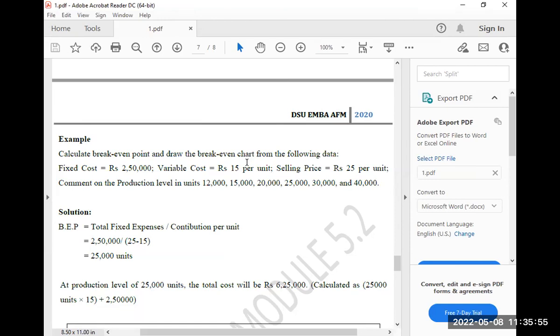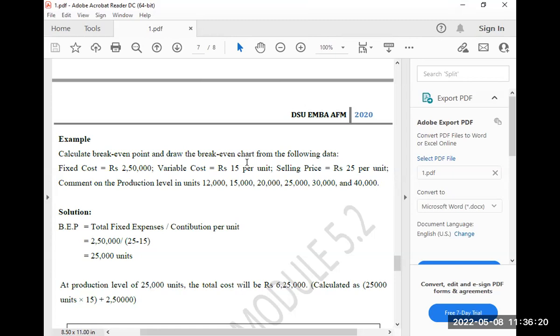How do you calculate break-even point in rupees? Fixed cost divided by PV ratio. Next line, PV ratio is equal to contribution by sales. What is contribution? 10 rupees. We already identified 10 rupees is the contribution.